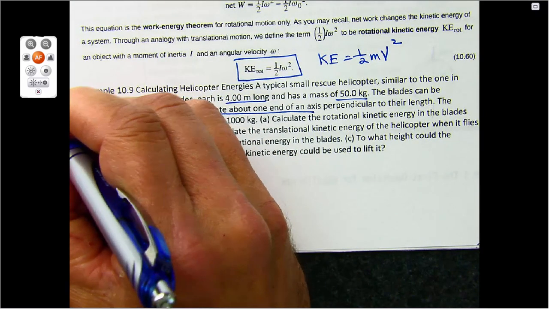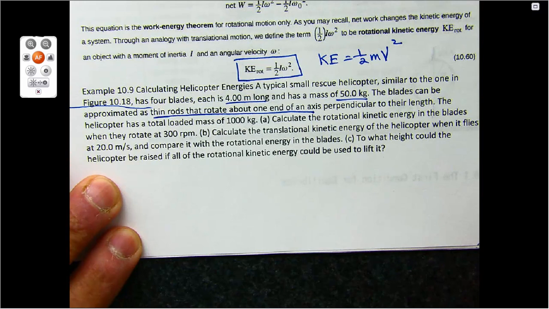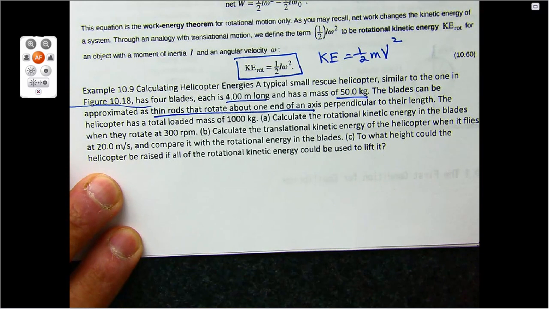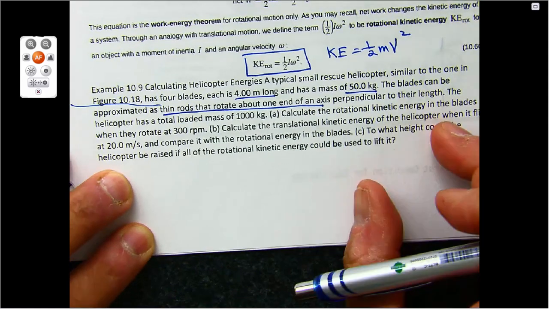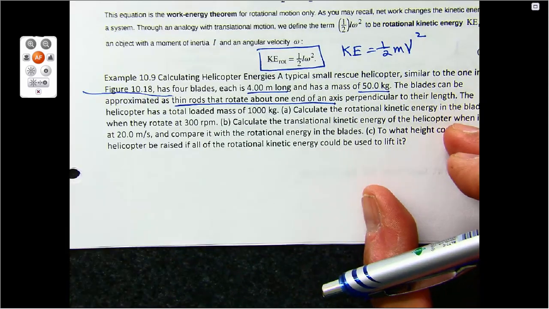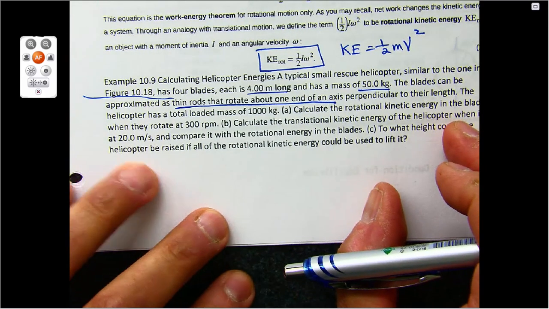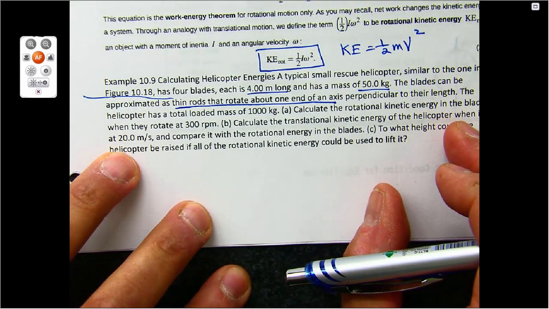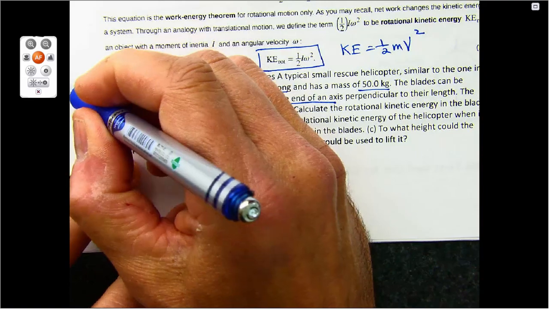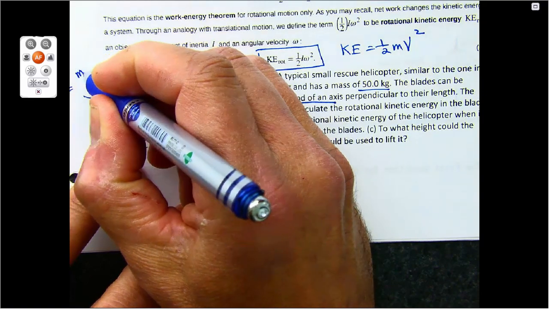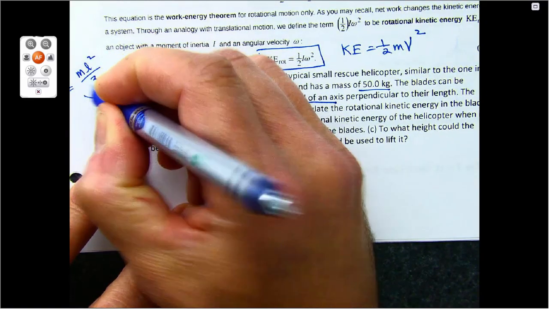So a thin rod rotating at one end of the axis, what do we get for a moment of inertia formula? And you saw the blades. Thin rod. Yes.